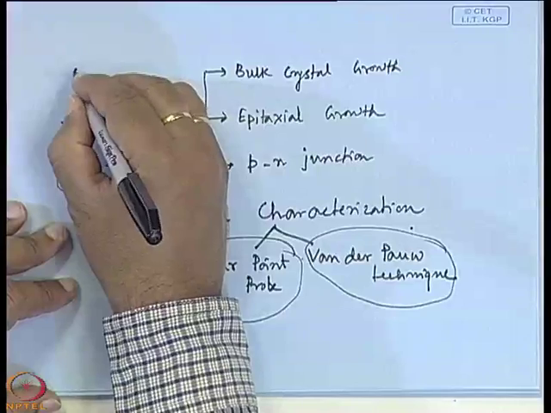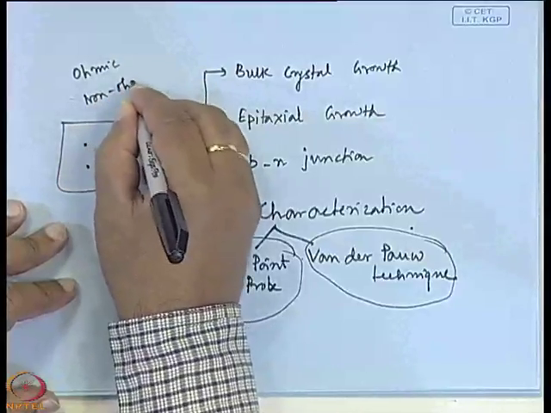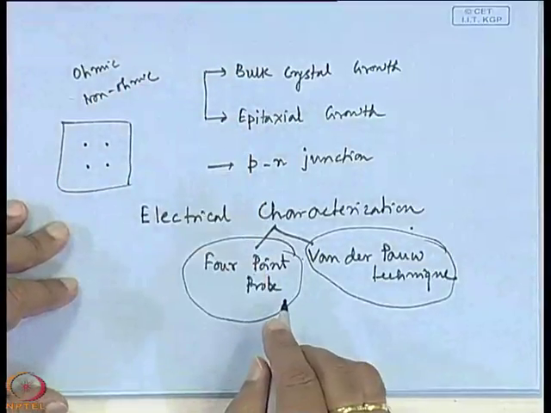The contact can be ohmic or non-ohmic in nature, depending on the work function of the metal and the semiconductor, which we shall discuss in a separate lecture. It is very important to know when the contact will be ohmic and when non-ohmic. Generally, by non-ohmic contact we understand a Schottky contact.